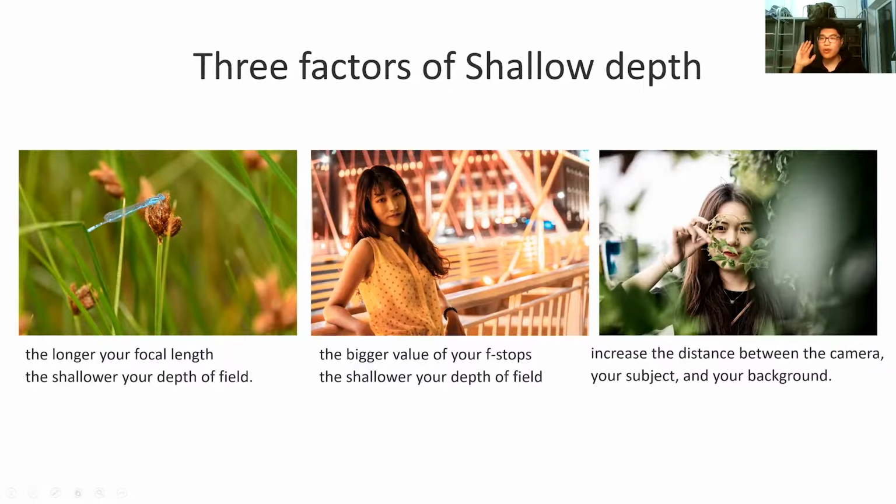When you move away from your subject, you will get less blurred background. So when you want a really blurred background, you need to get close to your subject. This is your subject, and this is you with your phone or camera. You get close to it, and you will get a blurred background. Also, you can move your background away from your subject. This will also cause a very blurred background.